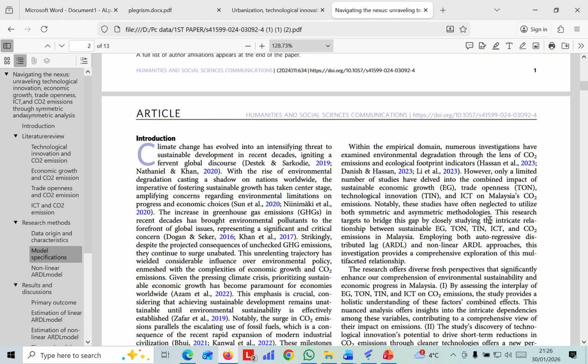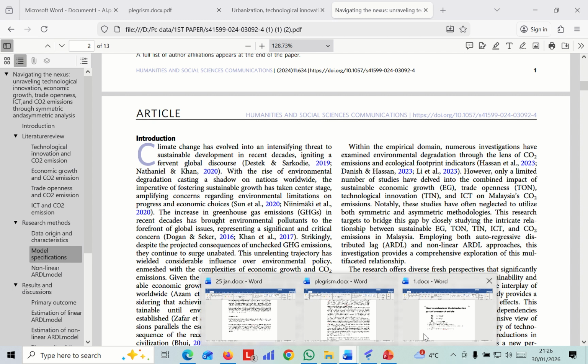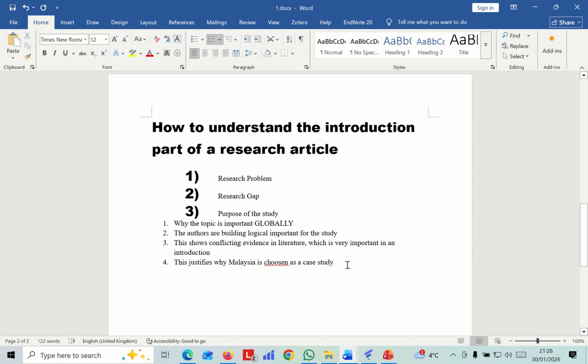Moreover, most studies ignore asymmetric analysis. The key point of this area: this clearly highlights the research gap.